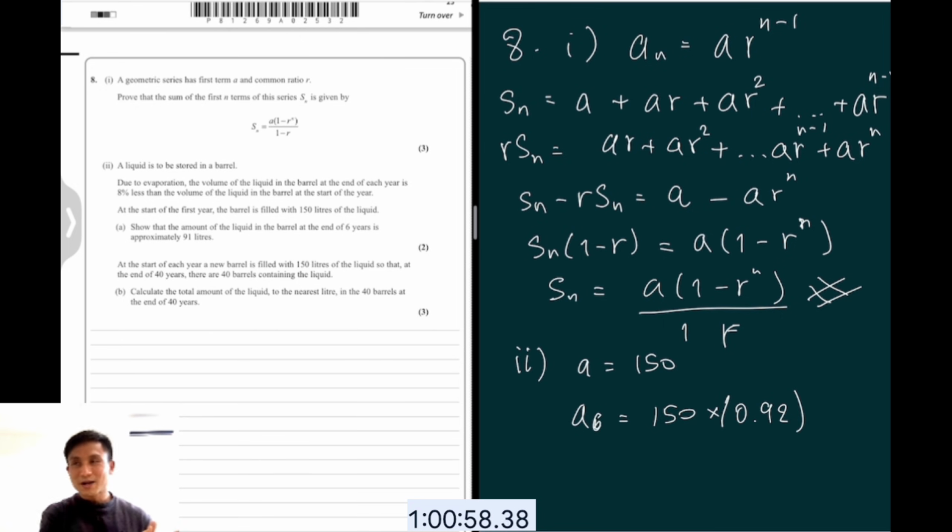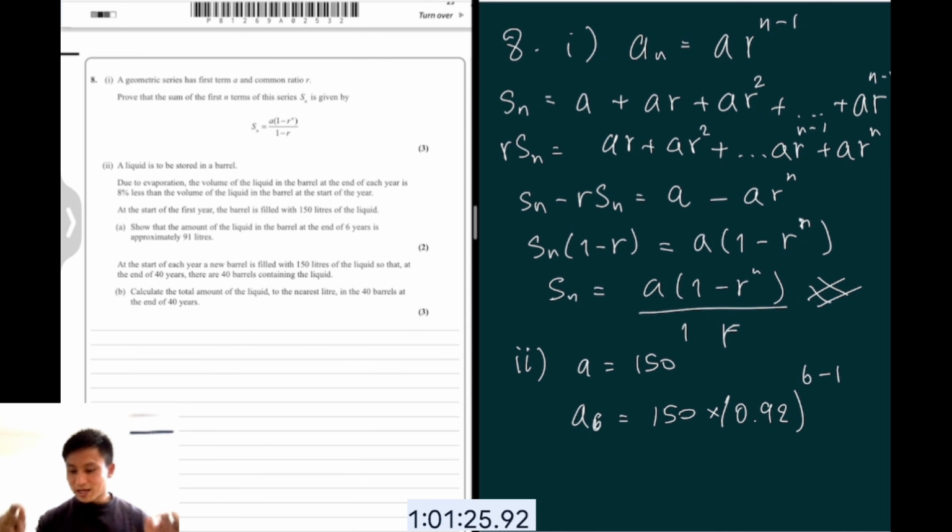So if it was the start of the first year, then by the end of the first year, it is 150 times 0.92 already. So you're actually multiplying 0.92 6 times, not 5 times, because if you put here 6 minus 1, that would be multiplying 0.92 5 times, which is wrong because it has to depreciate annually 6 times because the first year also counts.